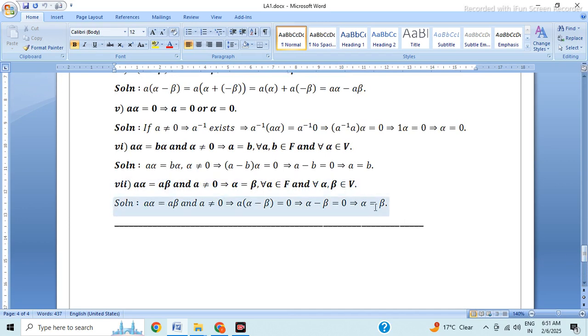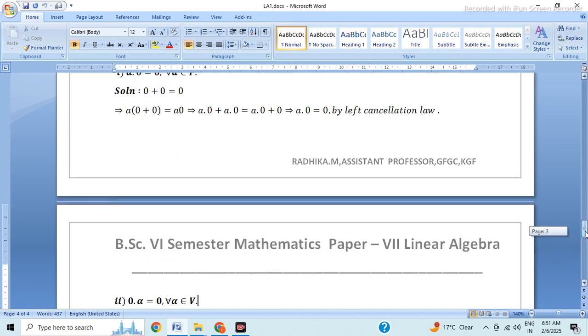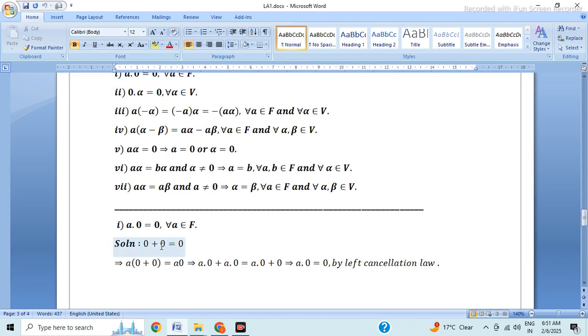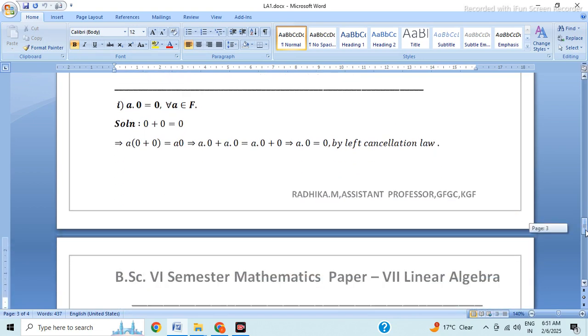I hope all of you understood. It's very easy. To prove the first 2 conditions, what you have to remember is A into 0 is 0 and 0 into alpha is 0. To prove that, we take the condition 0 plus 0 equal to 0. In the first condition, we multiply the left side by A. In the second condition, we multiply with alpha. Then we expand it.